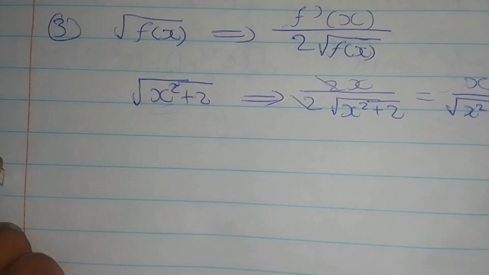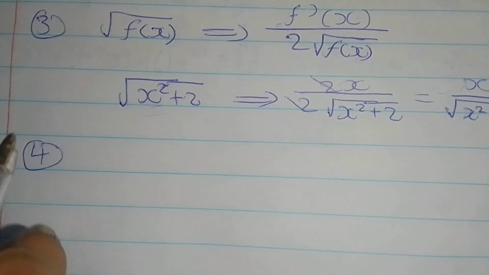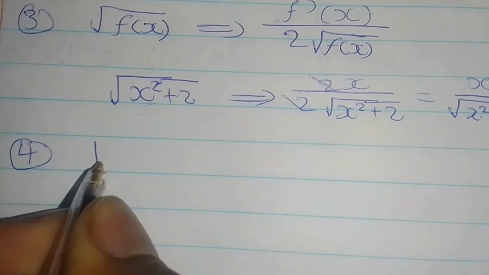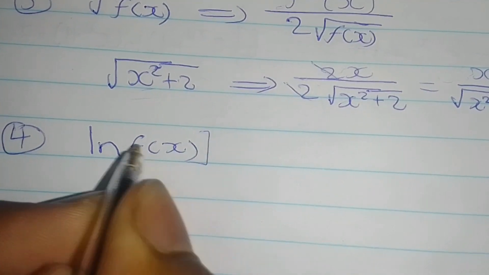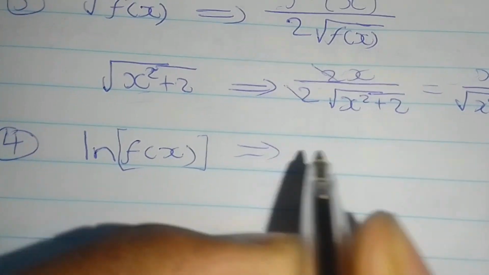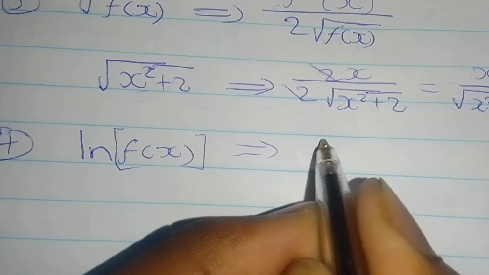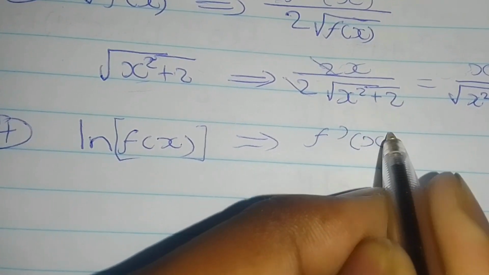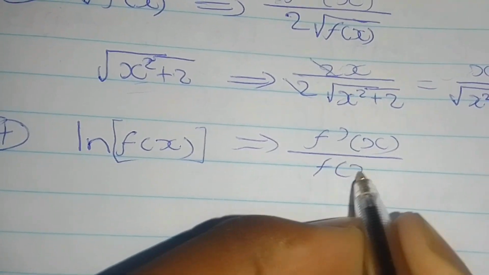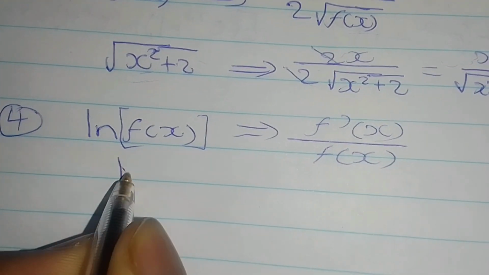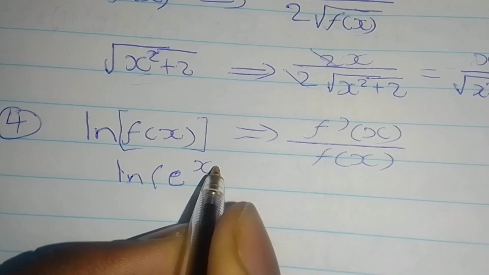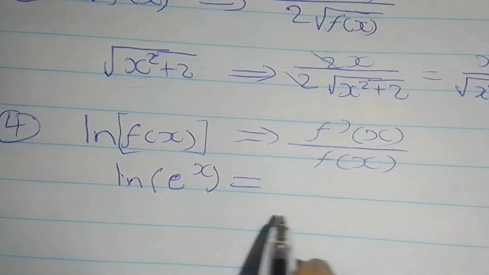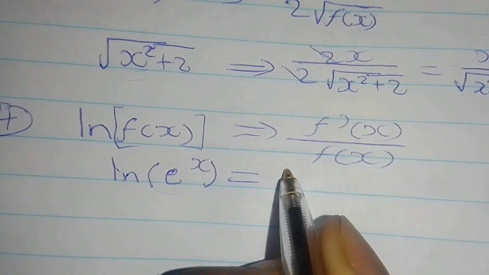The other rule you must be familiar with is deriving natural logs. If you are deriving the natural log of some function, this is going to be the derivative of that function divided by that function. What this means is that if you are deriving the natural log of e to the x, the derivative of e to the x is e to the x.